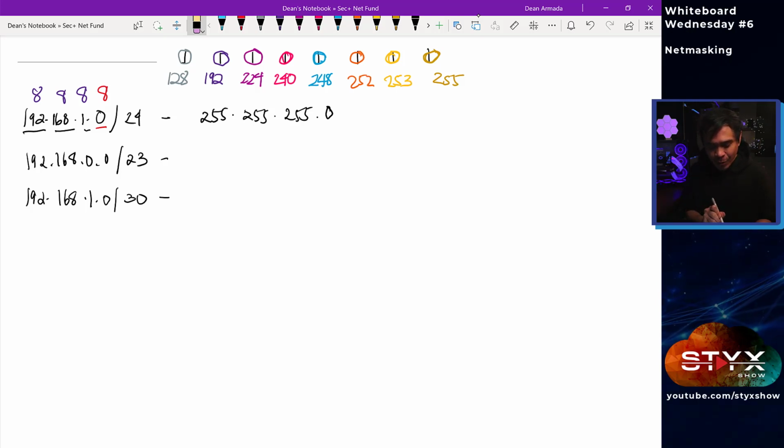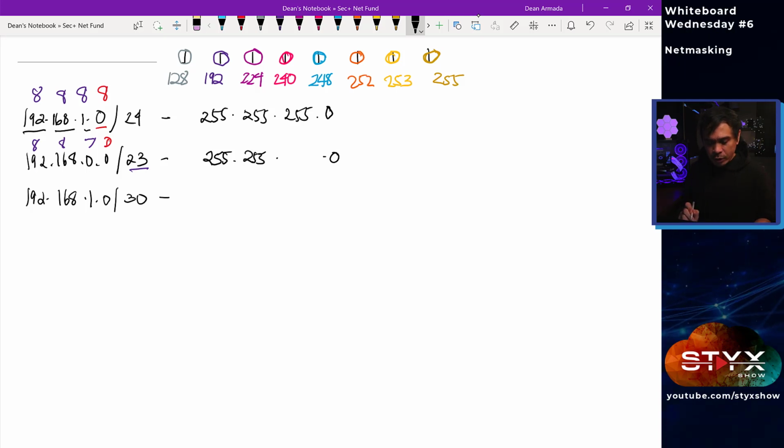Now for our second example, we know this is 8, we know this is 8, and 23 means the third octet is 7. 8 plus 8 plus 7 is equivalent to 23. And the fourth octet is set to 0. Now, if I'm going to convert this, 8 means 255. So the first octet and the second octet, no problem, 255. The fourth octet, also no problem, 0.